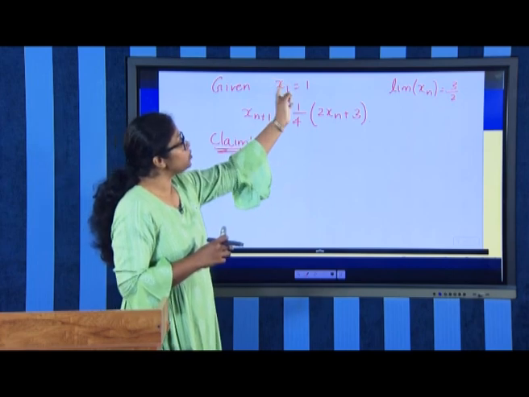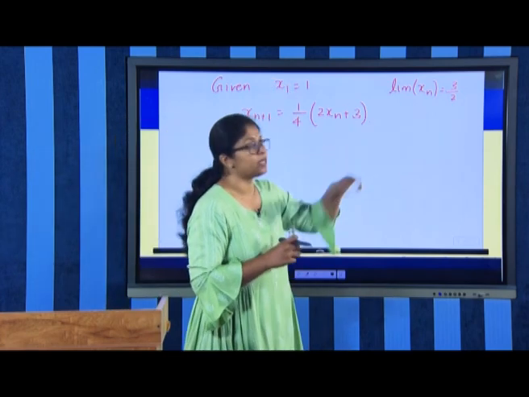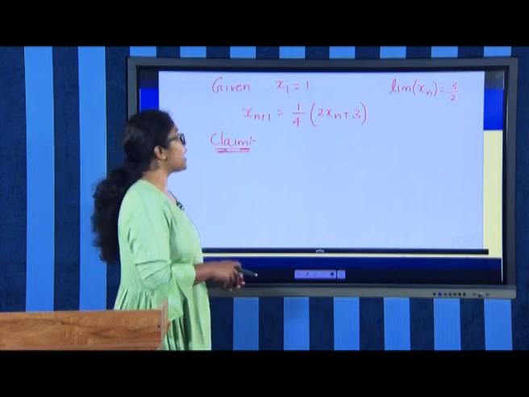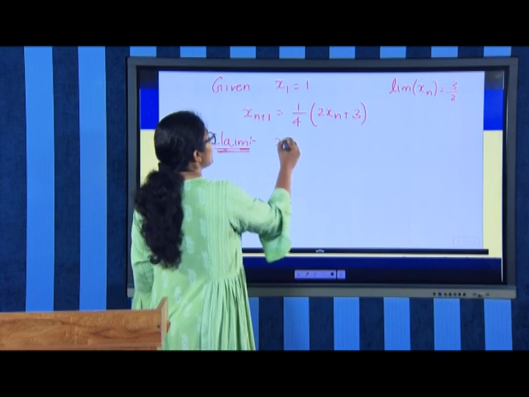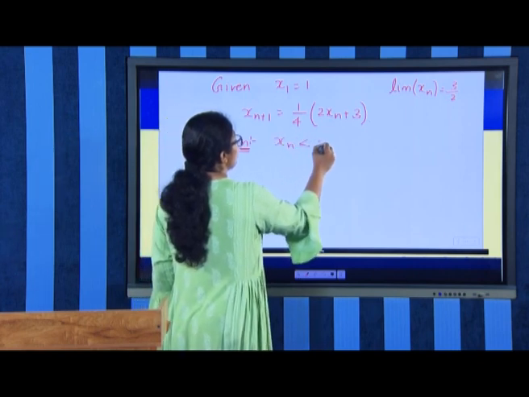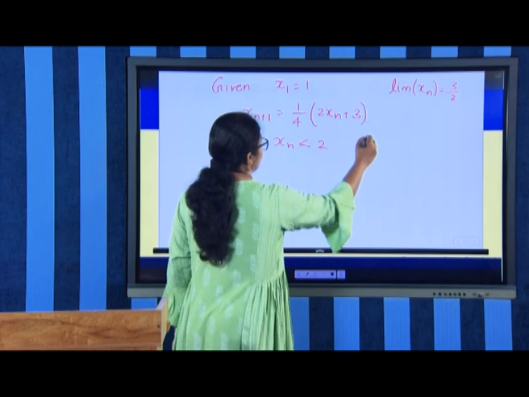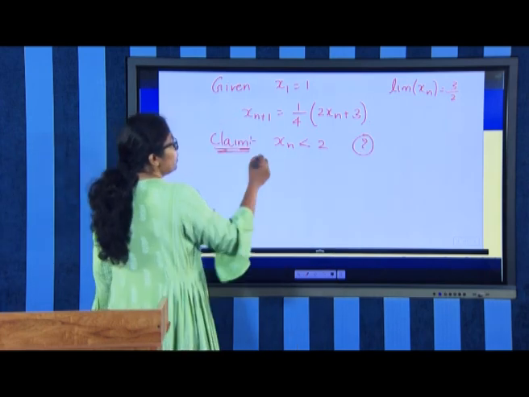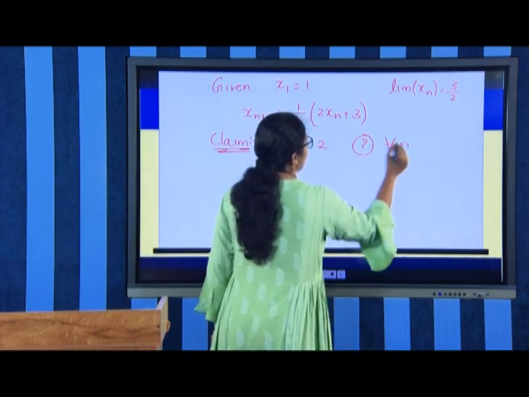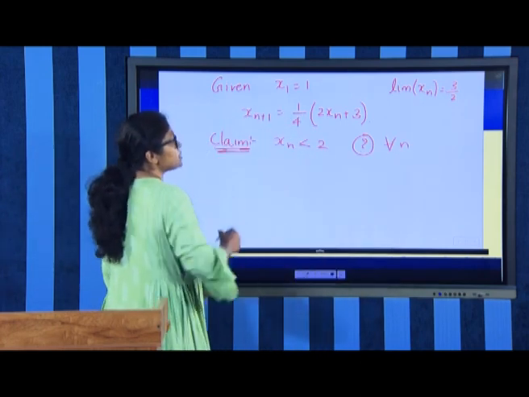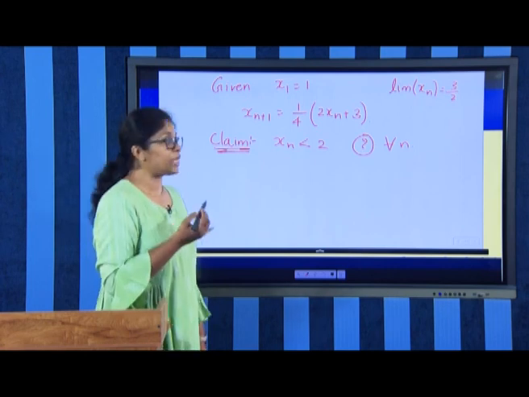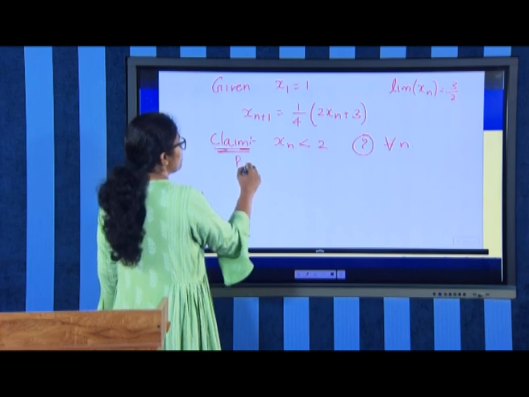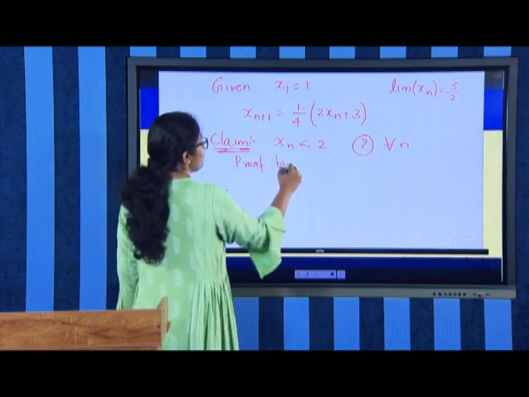So, x1 is given to be 1 and the limit is given to be 3 by 2, and definitely 3 by 2 is a number which is less than 2, and so we claim that every number is less than 2. Is it correct? We are going to claim this for every n, where n depends on the set of all natural numbers. So, the proof will be by mathematical induction.